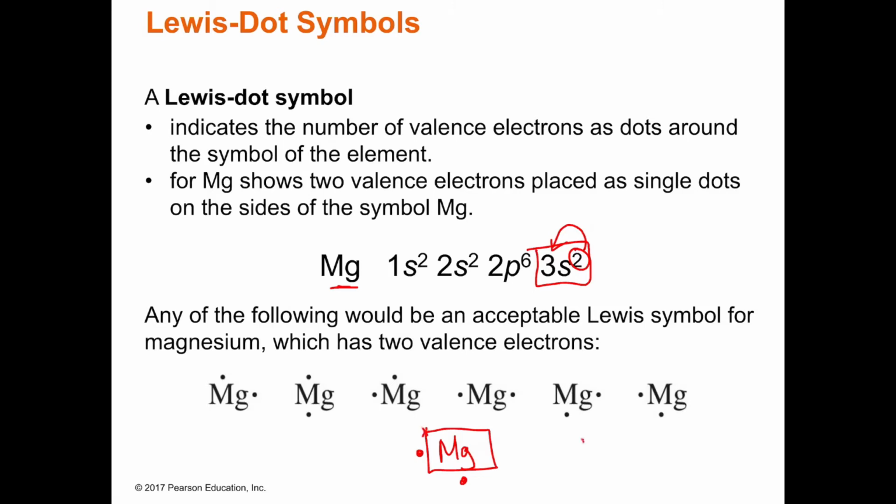So usually when we draw these, we'll put 1 on each side of the box before any get 2. Kind of like when we were doing our orbital diagrams, we had to put 1 electron in each orbital before any got 2. It's the same kind of thing here. We're going to put 1 electron on each side of the box before any get 2.